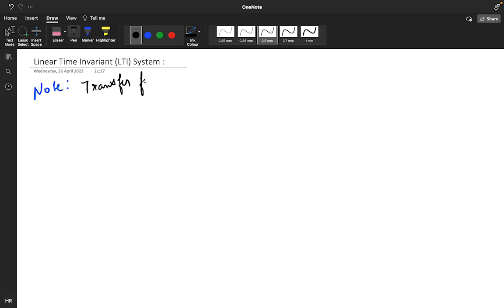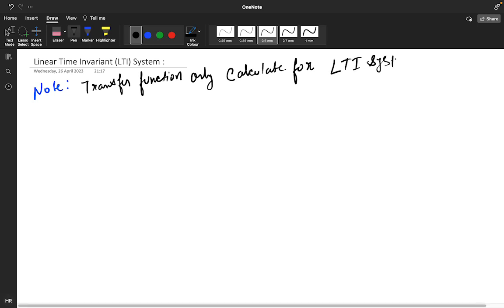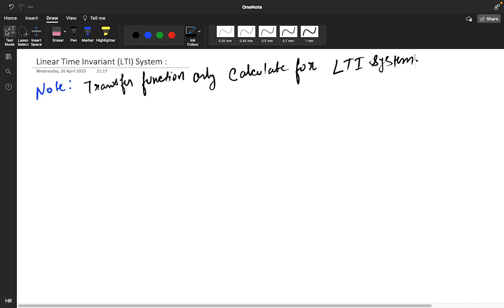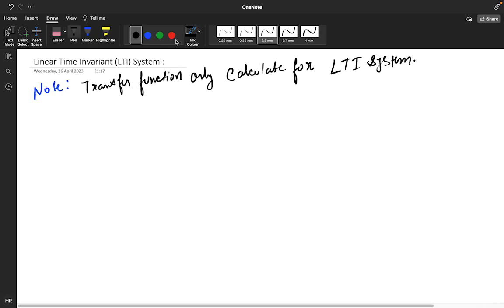Transfer function only calculate for LTI system.